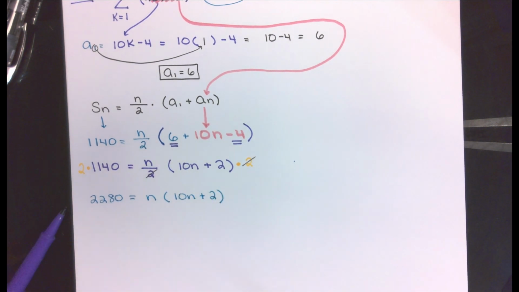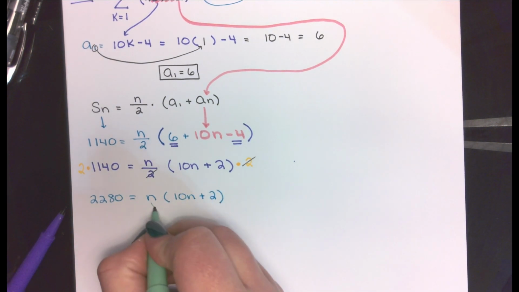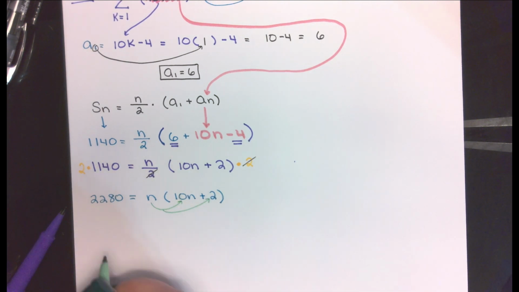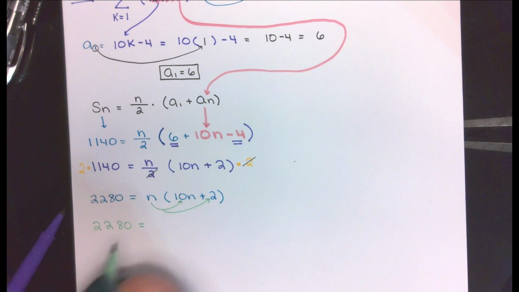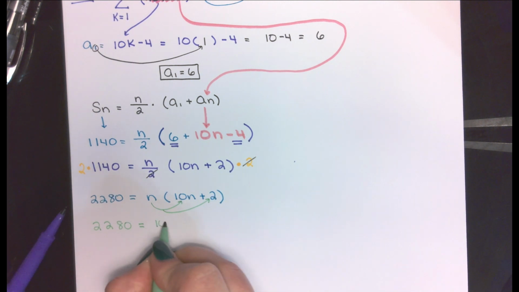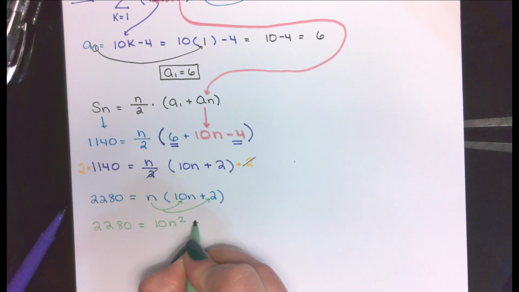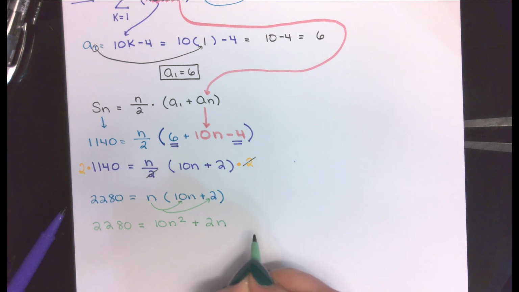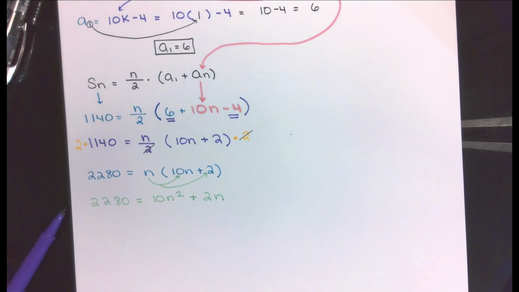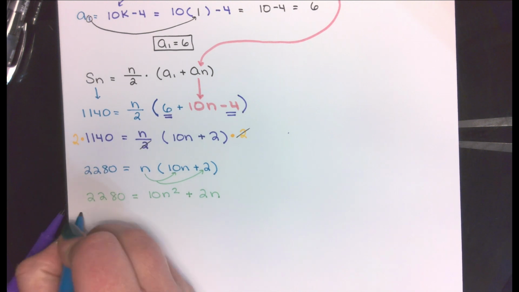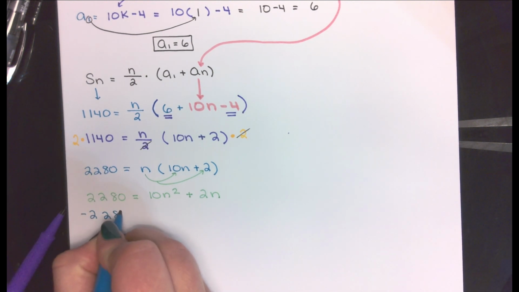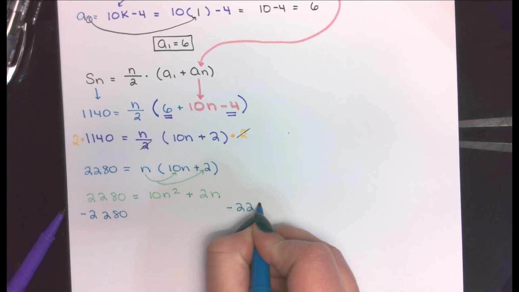This is where you're going to distribute the n, so 2,280 is equal to 10n squared plus 2n. And again, we notice this is a quadratic, so we're going to subtract 2,280 from both sides.